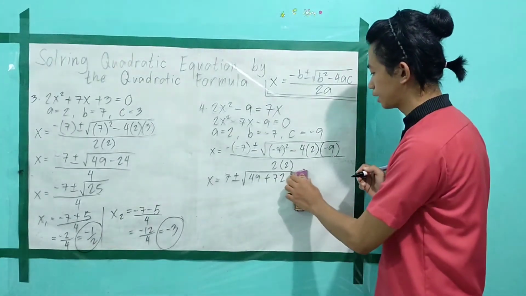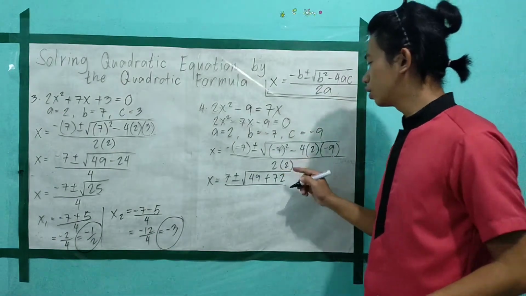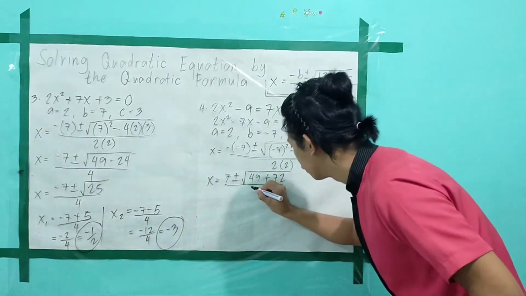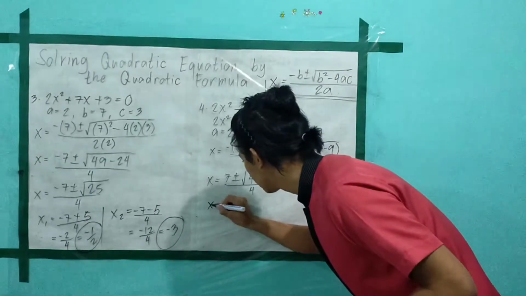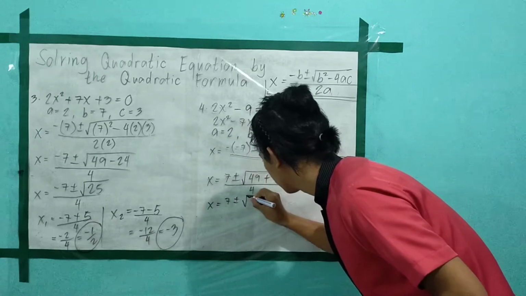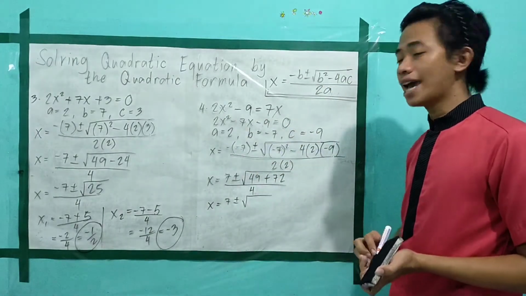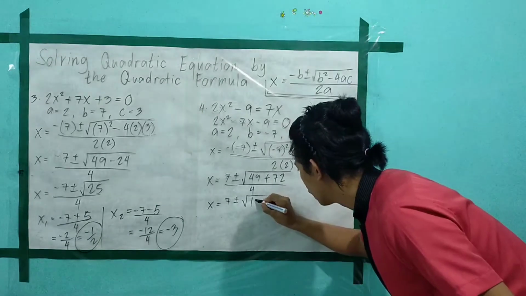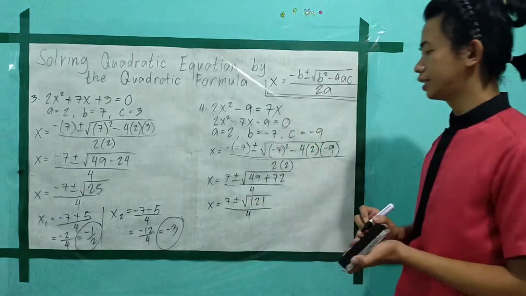Okay? Positive 72. All over 2 multiplied by 2, we have 4. Okay, next. X is equal to 7 plus minus square root of 49 plus 72. We have 121 all over 4. Okay?